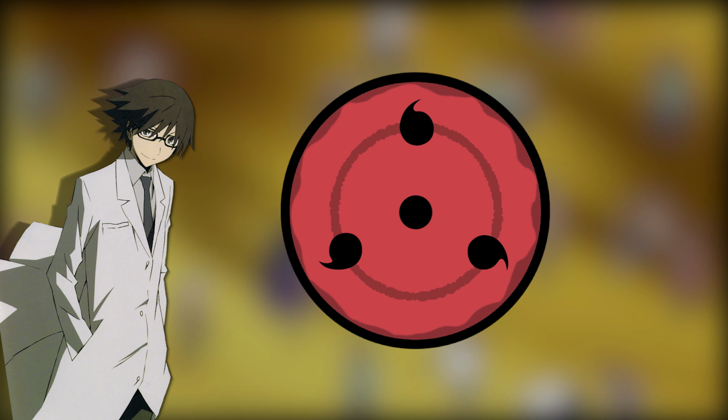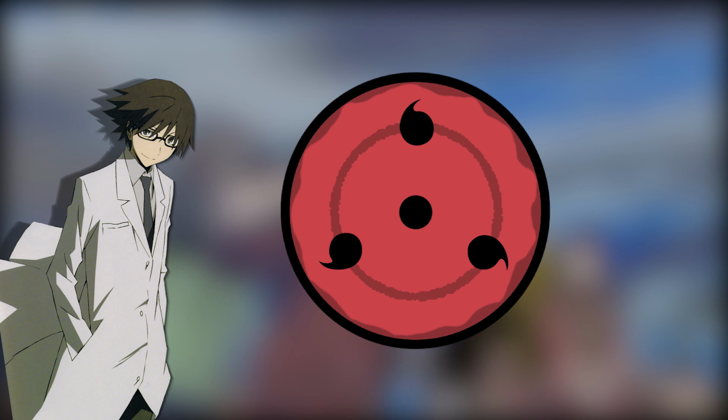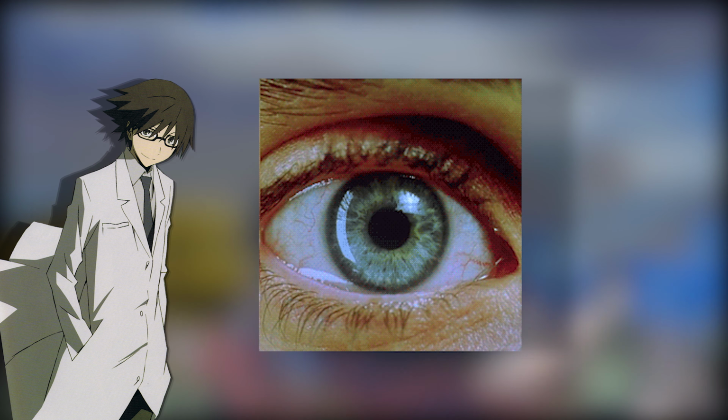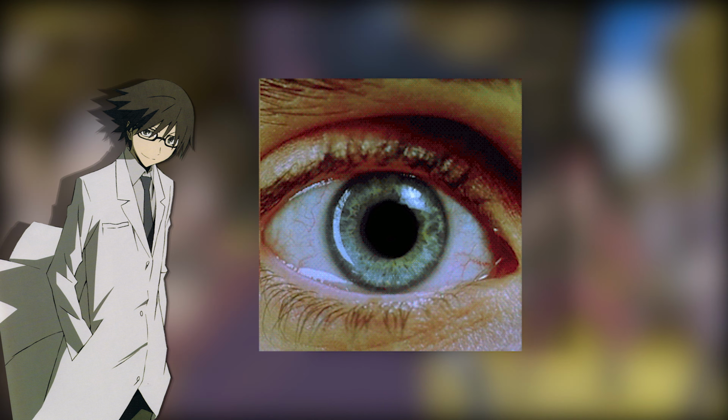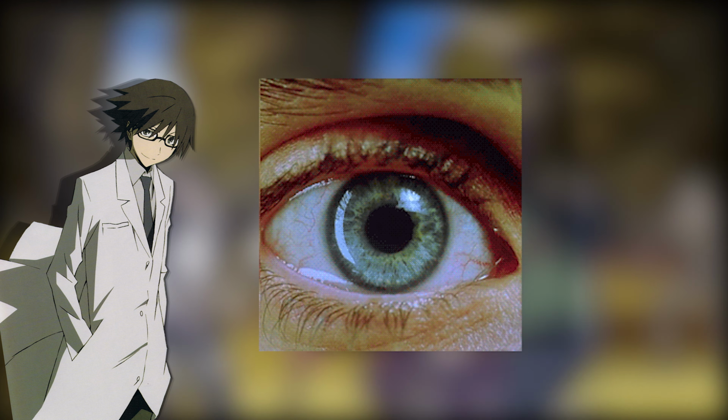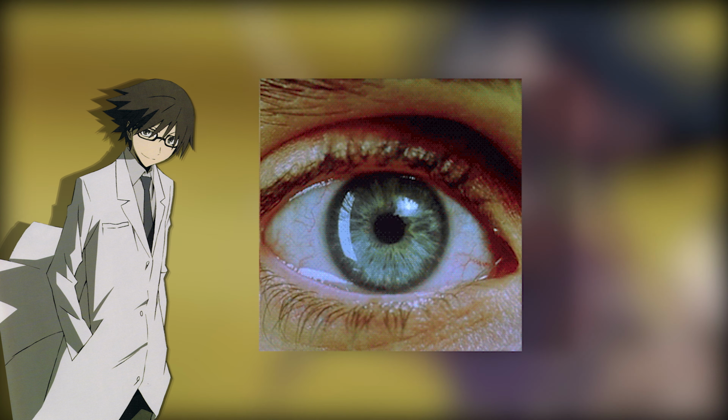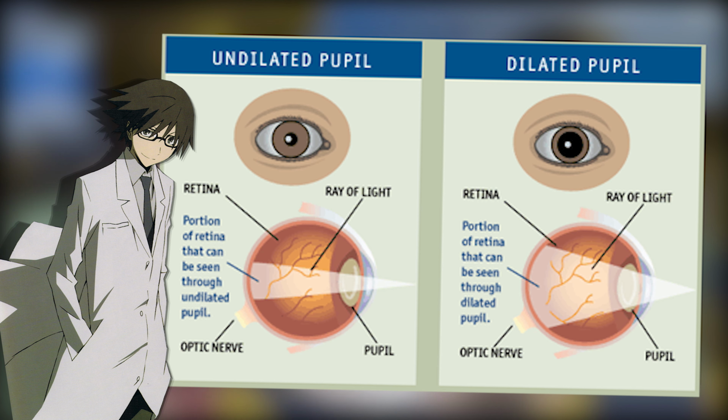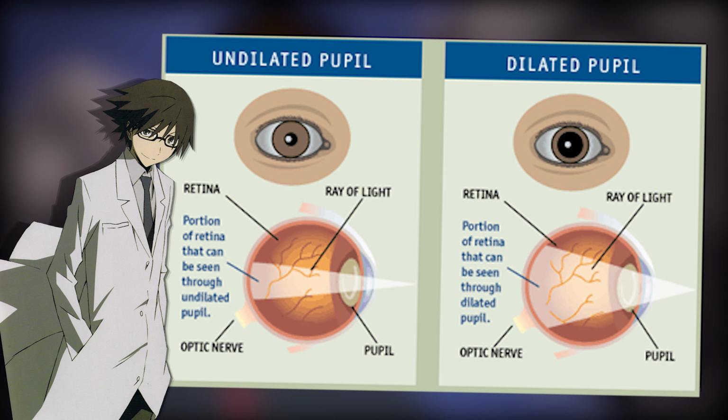So what makes the Sharingan anatomy so different from the normal eye? Well, whilst a human pupil is able to increase its size in a dark surrounding to gather more light and information, it decreases its size to protect the eye and to focus light to an area of the retina with the most receptors.